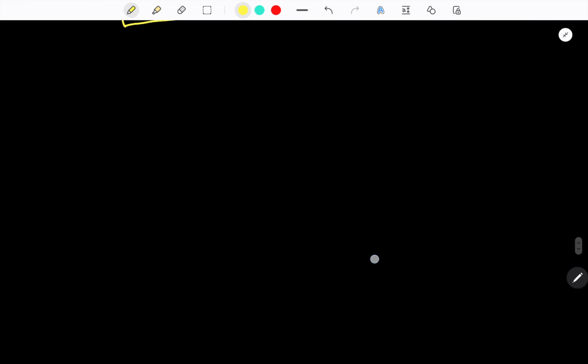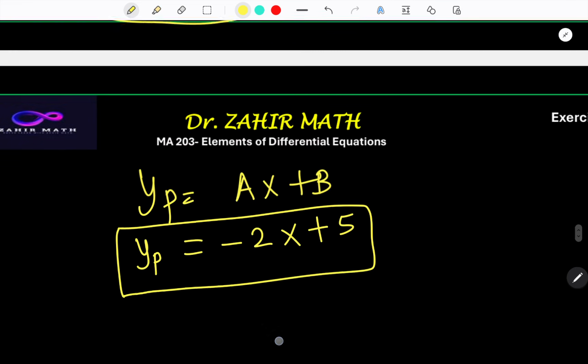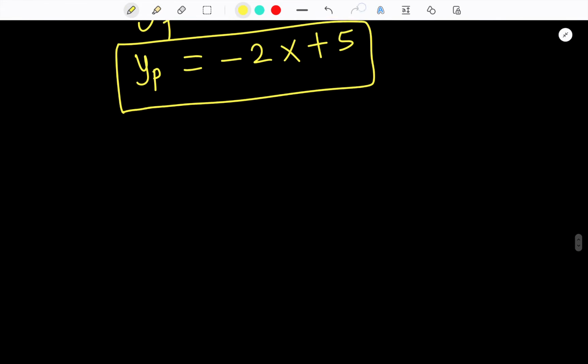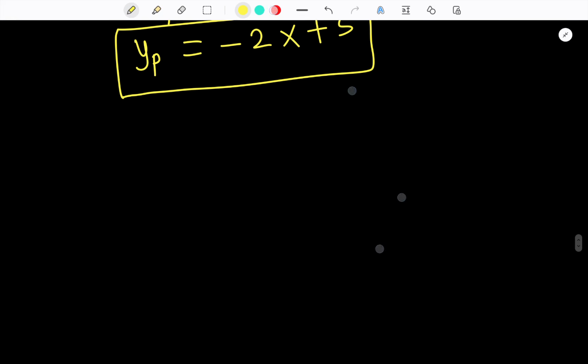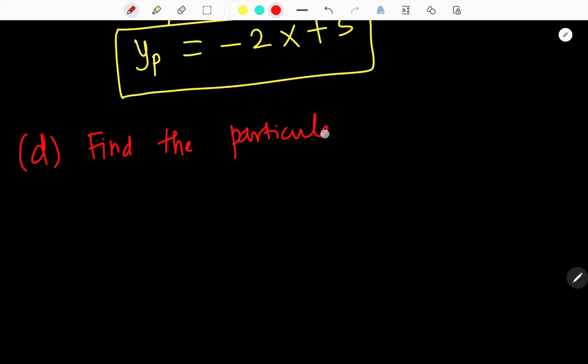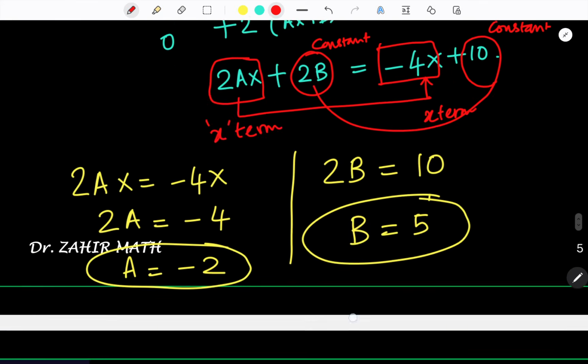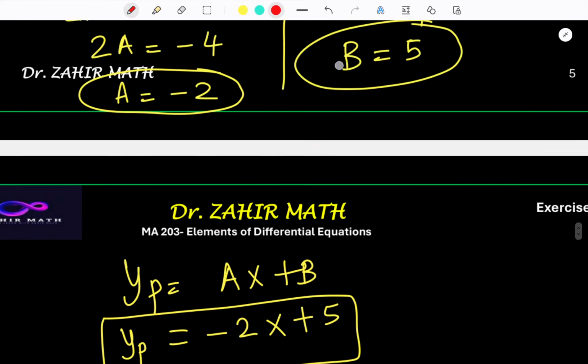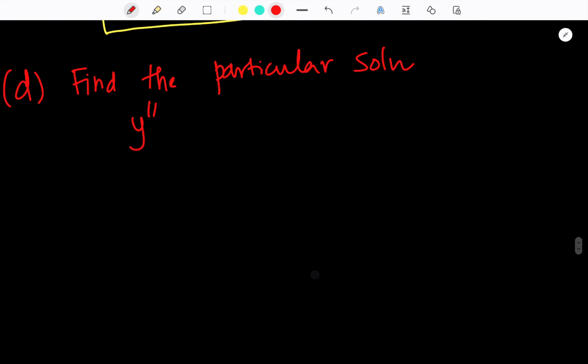Clear? Right? So let's go to the next question, which is the D question. Let me write the D question. The D question is: find the particular solution for the differential equation y double dash plus 2y is equal to 8x plus 5.